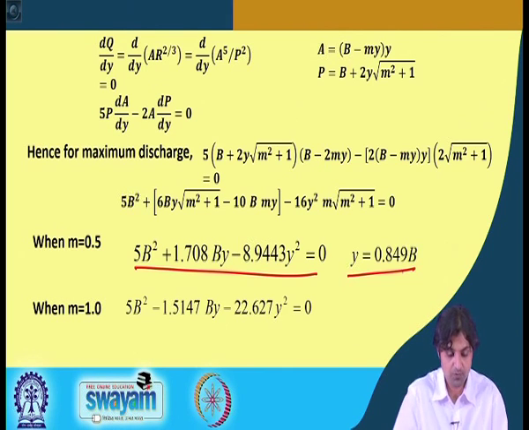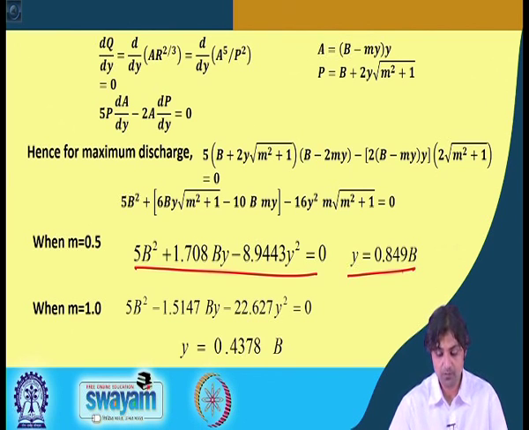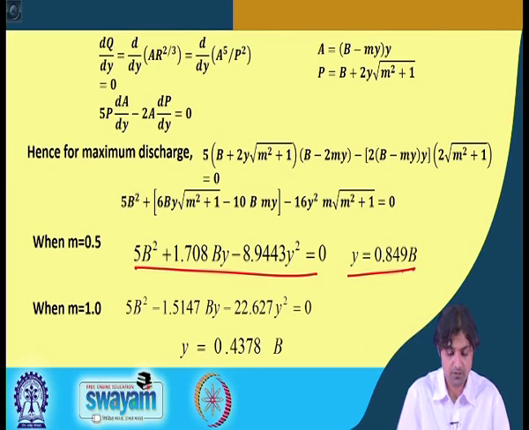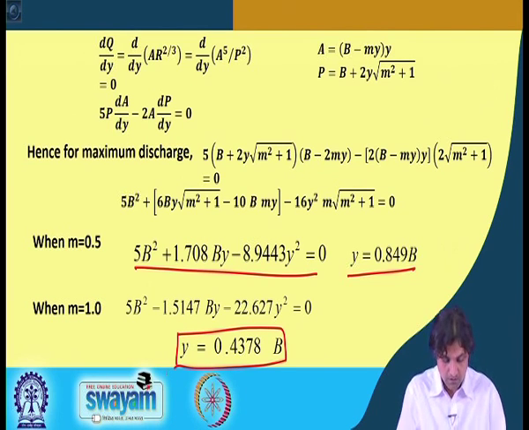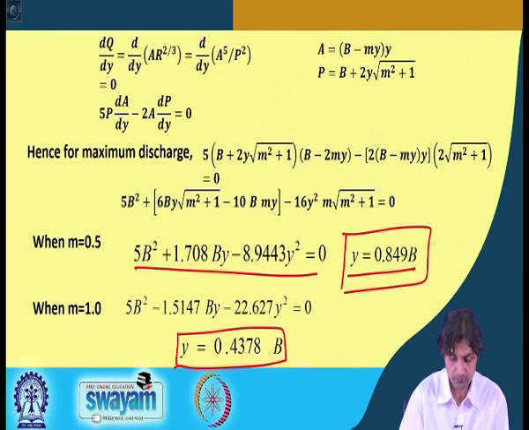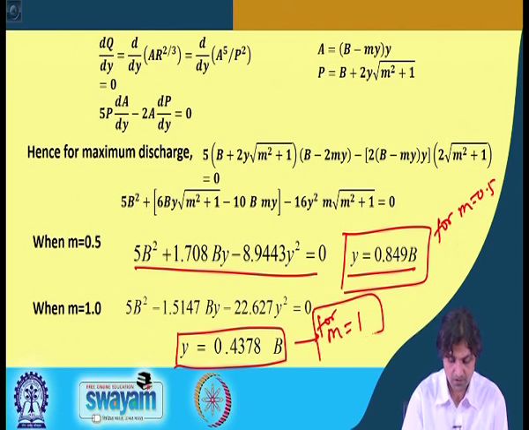When m is equal to 0.1, we get an equation like this and y will be 0.4378b, alright. For m is equal to 0.5, and for m is equal to 1.